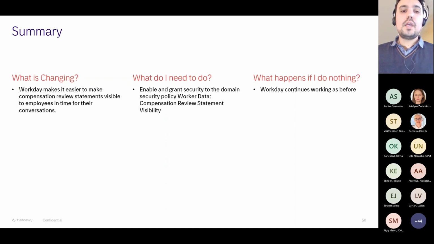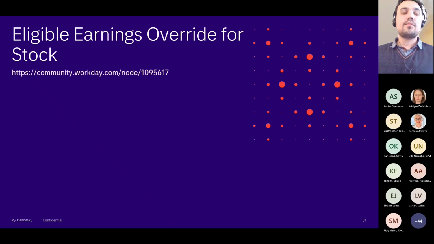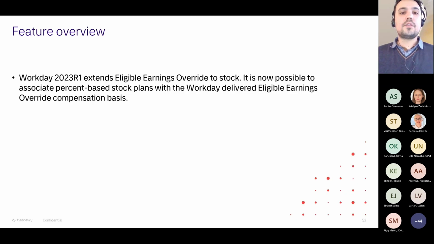So you need to enable and grant security to a new domain called Worker Data: Compensation Review Statement Visibility. And if you do nothing, Workday will continue working as before, delivering your statement based on the release statement date.